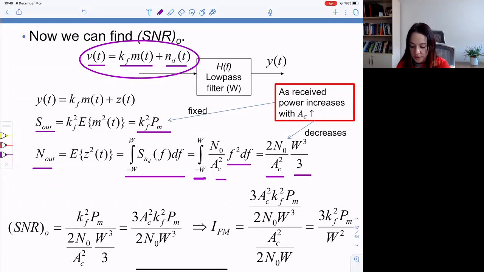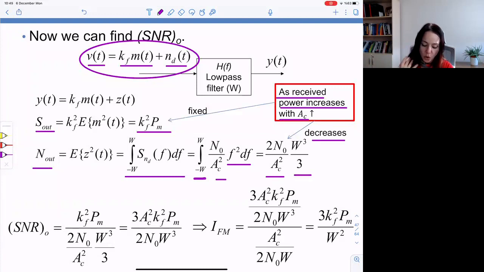Okay, notice that as the received power increases, with AC increasing, this term is reduced. The noise at the output is reduced.